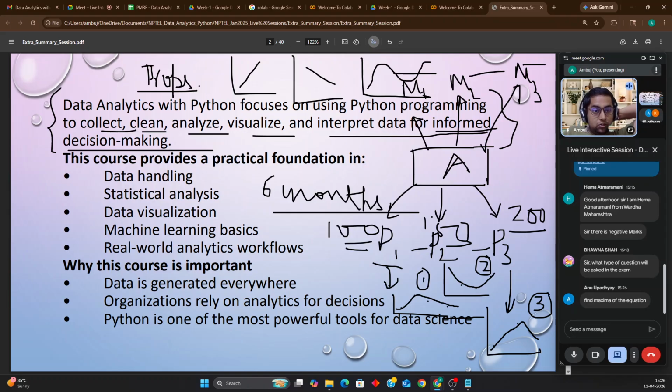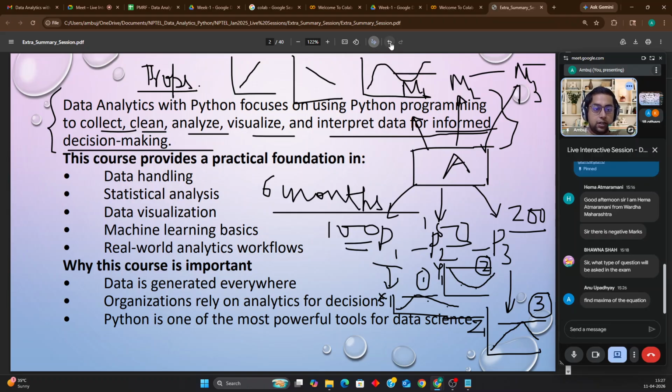Find the maxima of the equation. Suppose maxima of this particular curve is like this. Suppose it is x1, y1, z1.